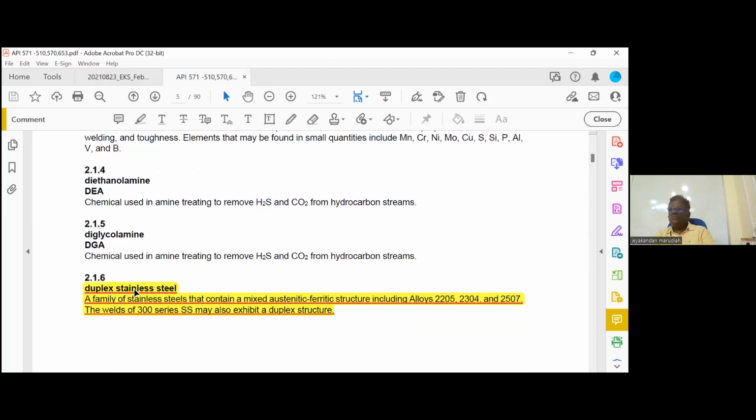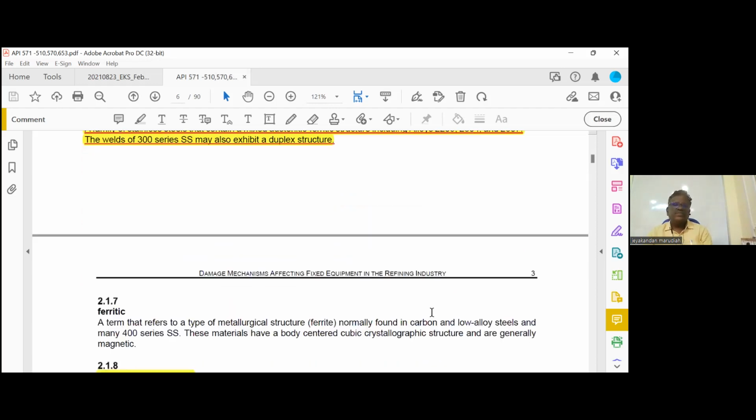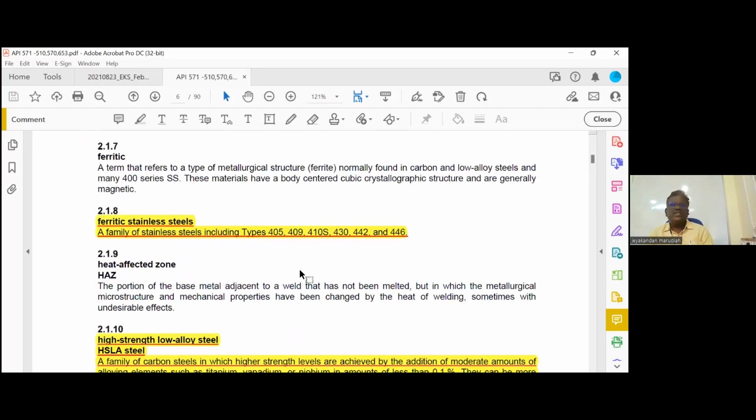Then highlight 2.1.6 duplex stainless steel, a family of stainless steel that contains the mixed austenitic ferritic structure, including alloys. See, duplex will have a 4-digit number, 2000 series, 2205, 2304 like this. The next page, ferritic stainless steel, 2.1.8, highlight that one. A family of stainless steel, 400 series, ferritic also 400.